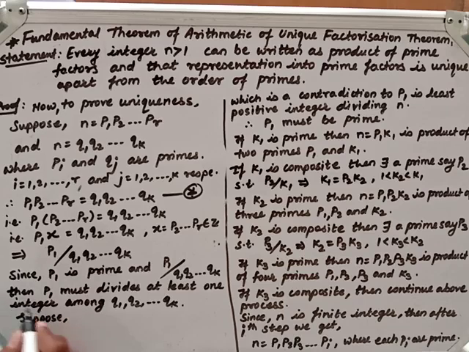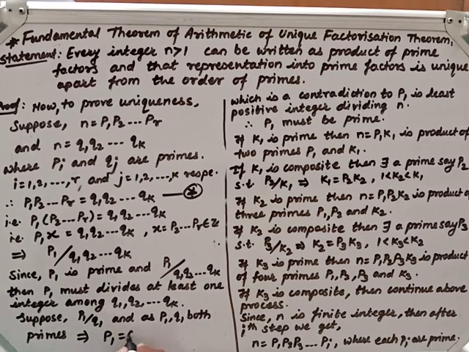Fine. Now suppose p1 divides q1 and both are prime. So we know that if p1 divides q1 and both are primes, p1 must equal q1.